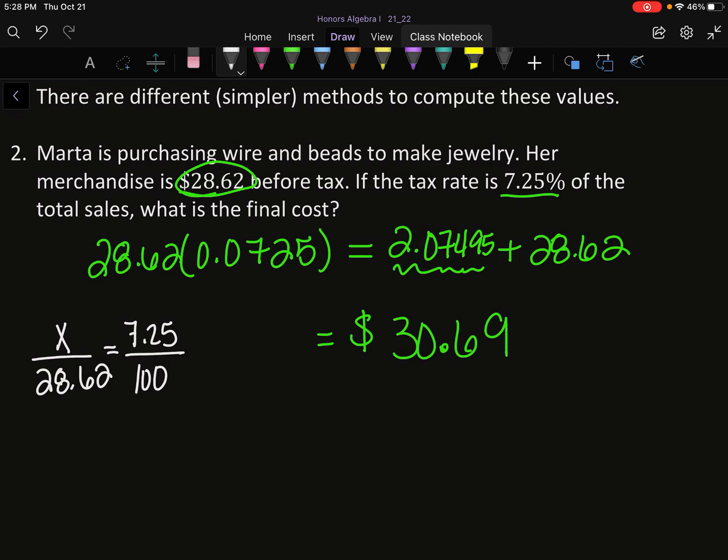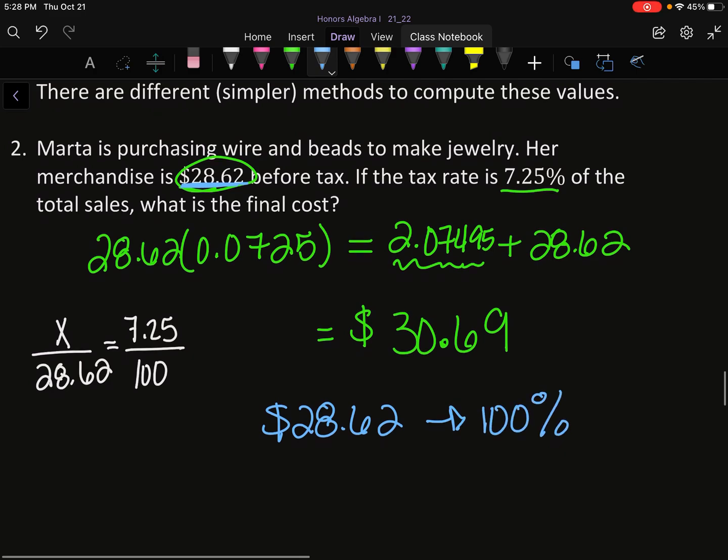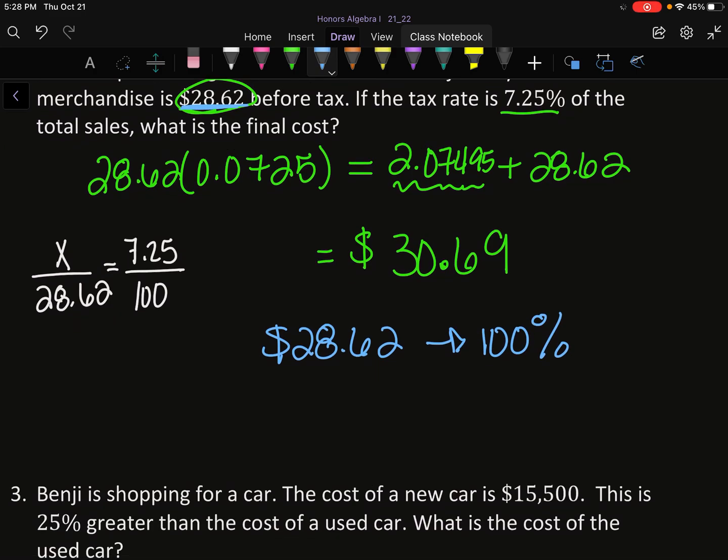Well, Ms. Coates likes to do it in one step. If I'm going to be paying for this 28.62, I'm paying 100%, right? I have to pay for that. And then I'm adding on 7.25%. So what is 100 plus 7.25%? It is 107.25%, right?